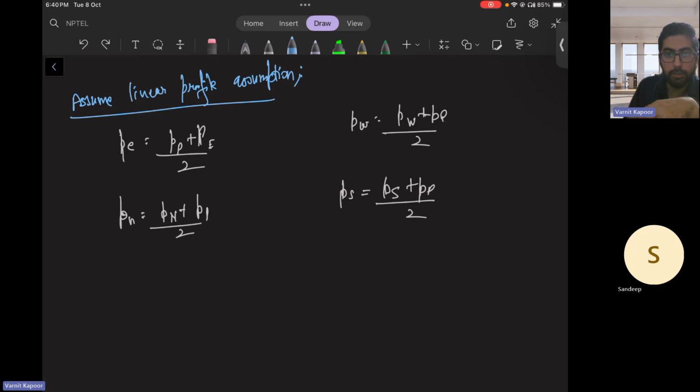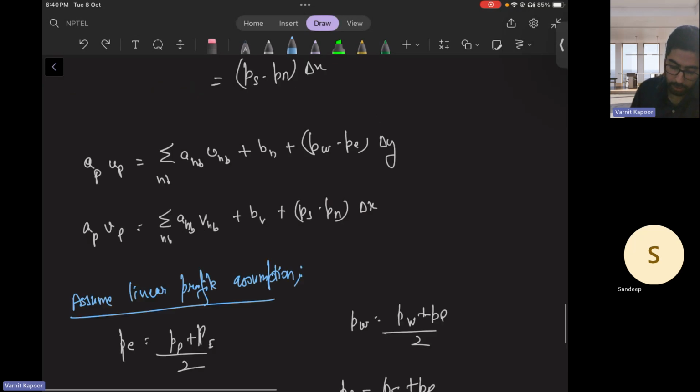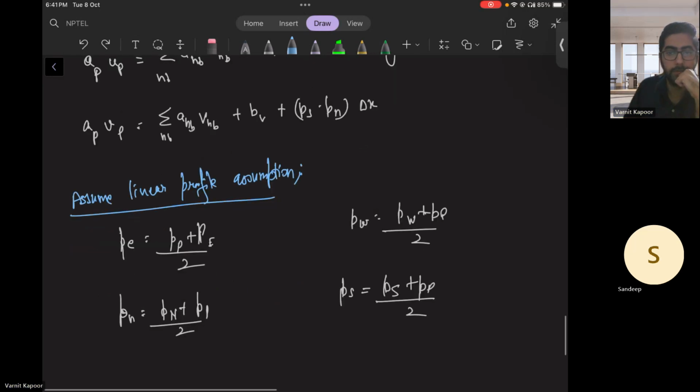So if you substitute all the values back in the equation, you will observe that PP comes up in both the equations, with a minus sign. So we come across PW minus PE. You try to put these values and tell me.